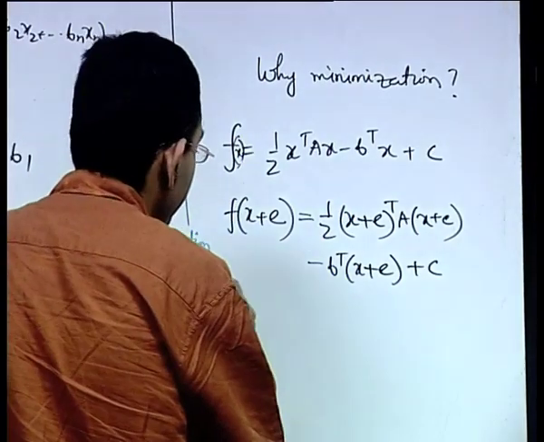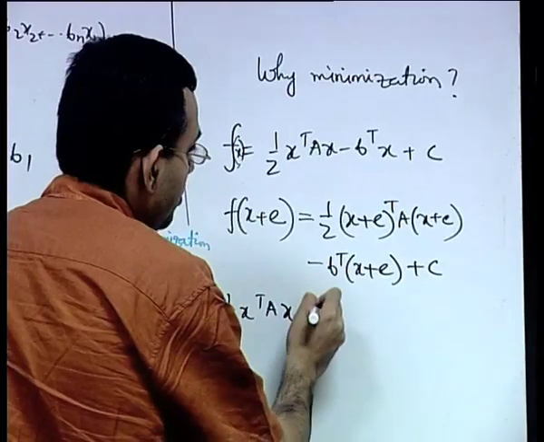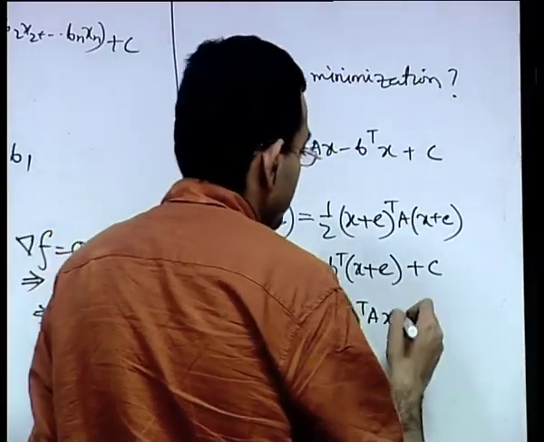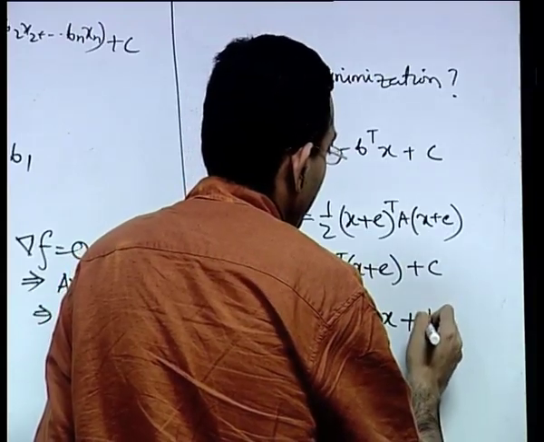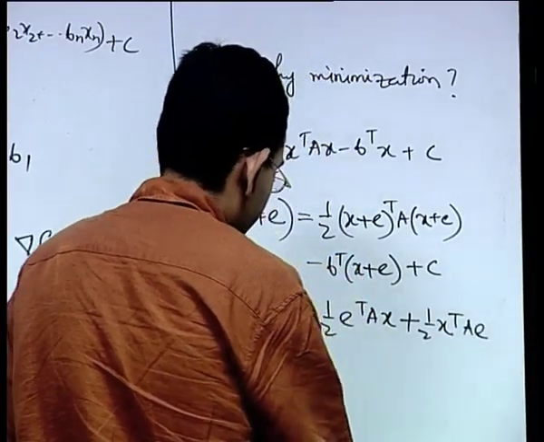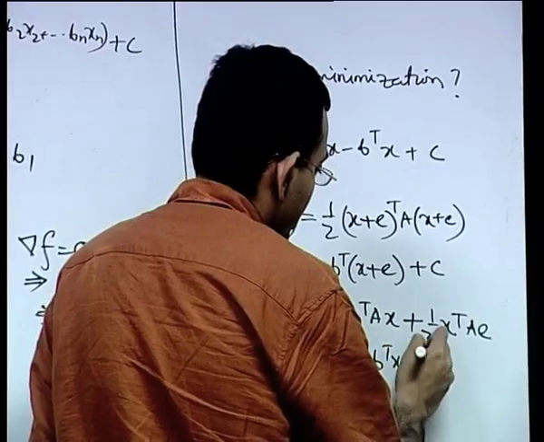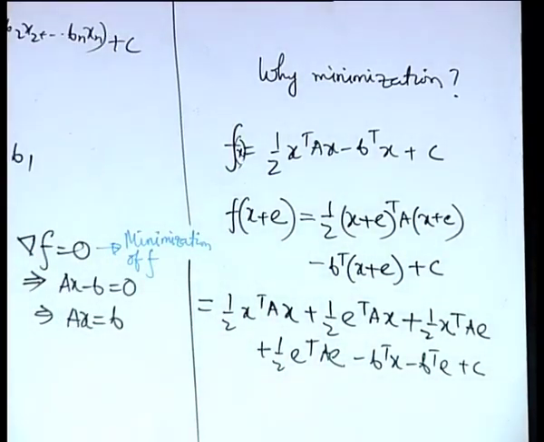So let us expand this. This is half x transpose A x plus half E transpose A x plus half x transpose A E plus half E transpose A E minus B transpose x minus B transpose E plus C. From this we can isolate certain terms.